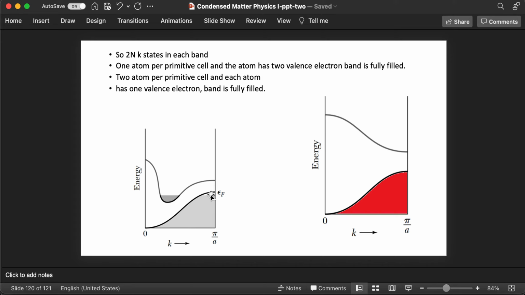Just a few states in the lower band are empty, because some of the states are taken by the higher band which overlaps with the lower band, and that's called a semi-metal, because it has a few empty states for the accelerated electrons to travel in, since the electric field will create an acceleration. Its conduction will be much lower than that of a metal.